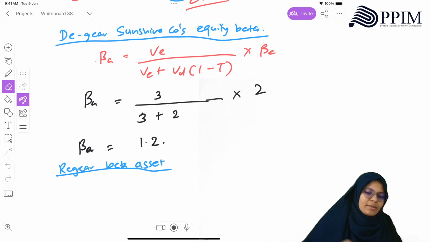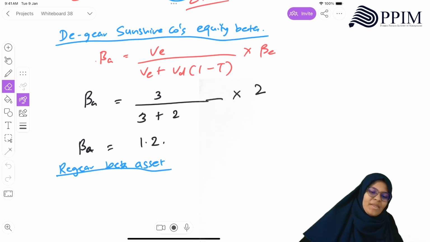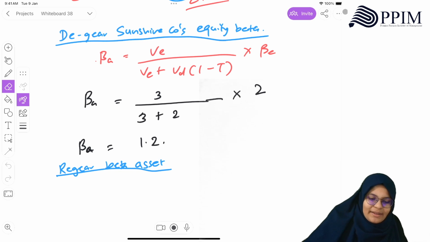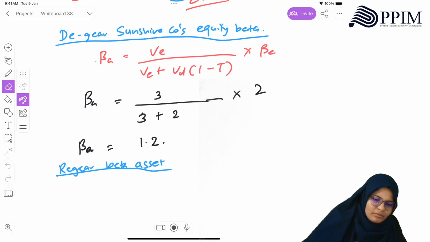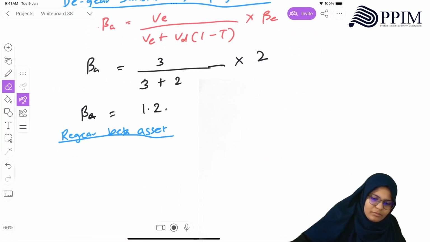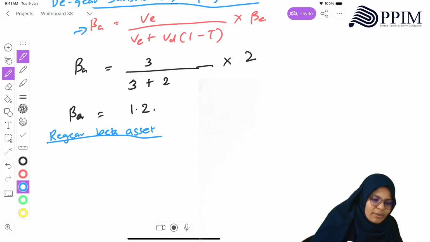So just take it as 3 plus 2, 5. Okay, so now let me do the re-gearing. How do I do that? Okay, so the same equation that we have on top, right? Same equation. This equation has to be used.